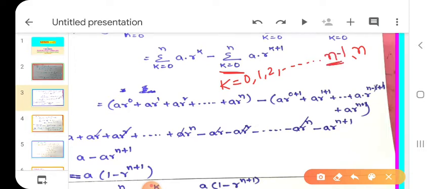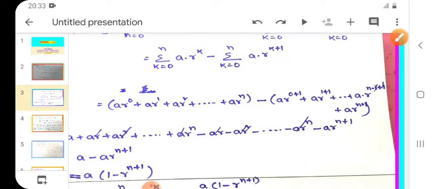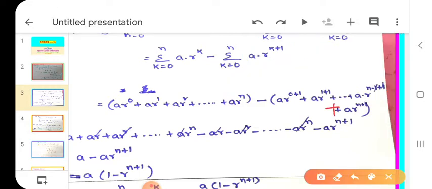I write this value also: a r to the power n − 1 + 1. So I write a rⁿ⁻¹⁺¹ and then the last term, a rⁿ⁺¹.